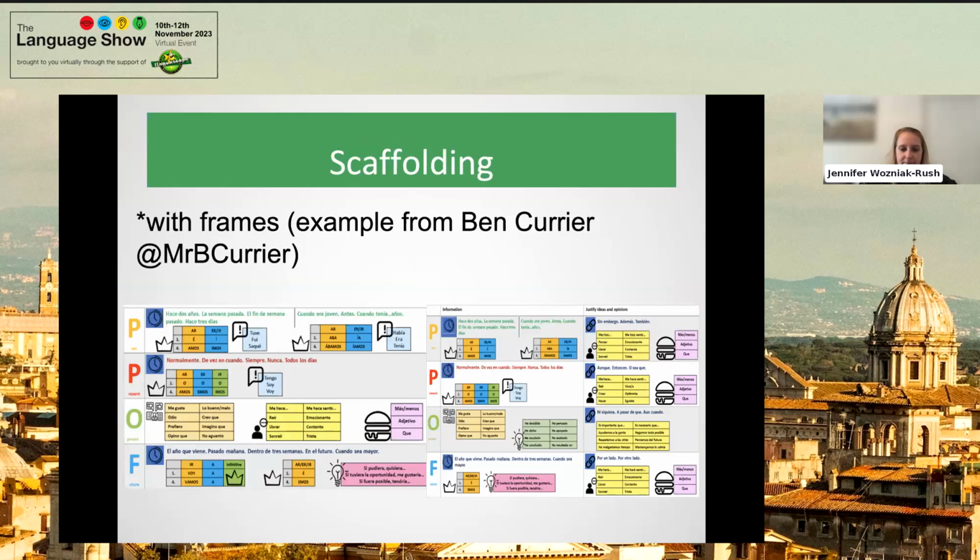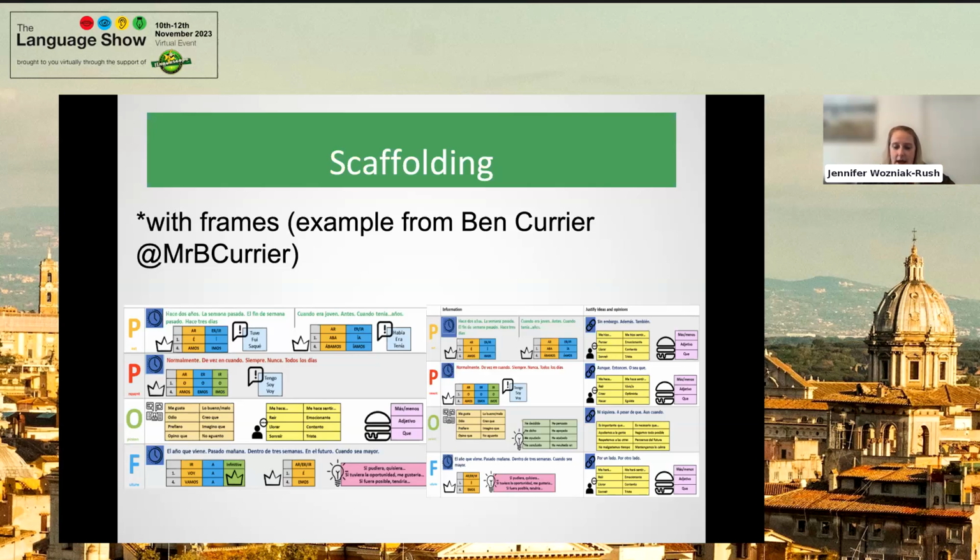In a recent conference, Ben, who you can follow on, I was going to say Twitter, but on X, shared frames that you can use for spoken and written work, as they provide pupils with a structure for adding why, because we know it's so important in our subject for pupils to give that why all the time.